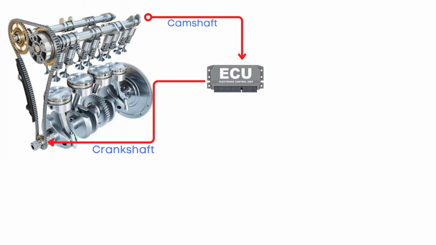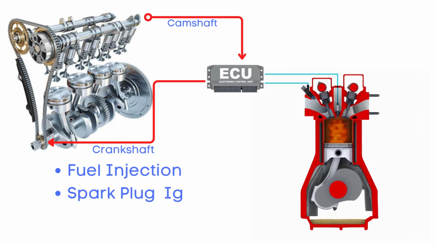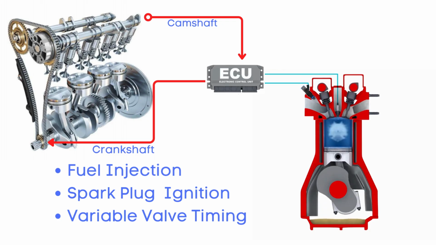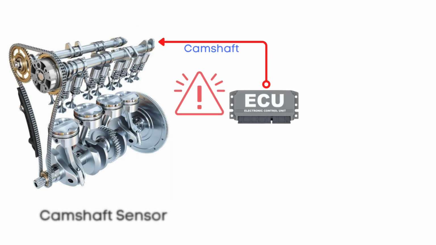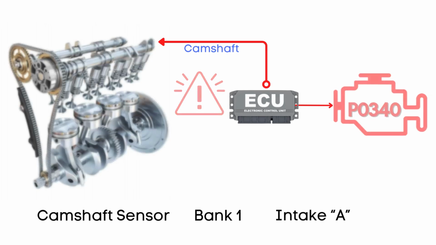With all this data, the ECU can precisely control things like fuel injection, ignition timing, and even when the valves open and close. But if there's a problem with the camshaft position sensor circuit, then the ECU can't get the right camshaft data, and it triggers the P0340 code to let you know something's off.